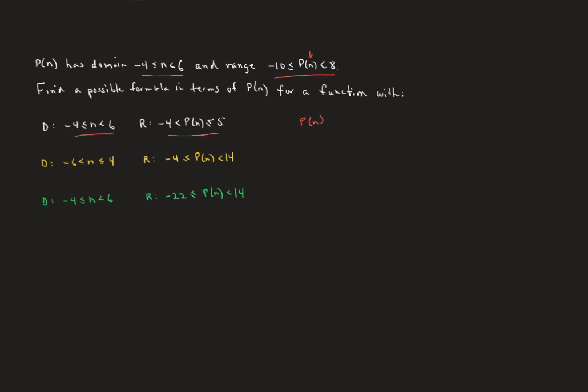Now we look at this and we have to figure out, well, what are we doing to our starting range to get there? And you can see that this is no longer an or equal to, so we must have switched the order of this. We must have somehow multiplied through by a negative to make this be a 10, switch the inequality, and then switch the inequality there.